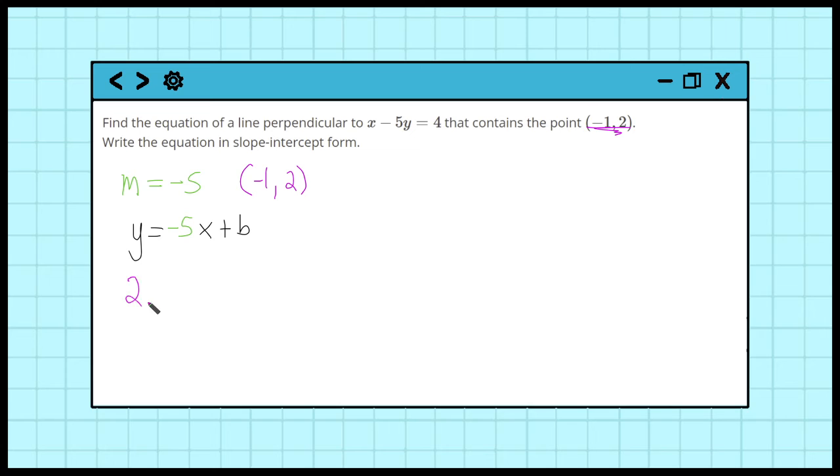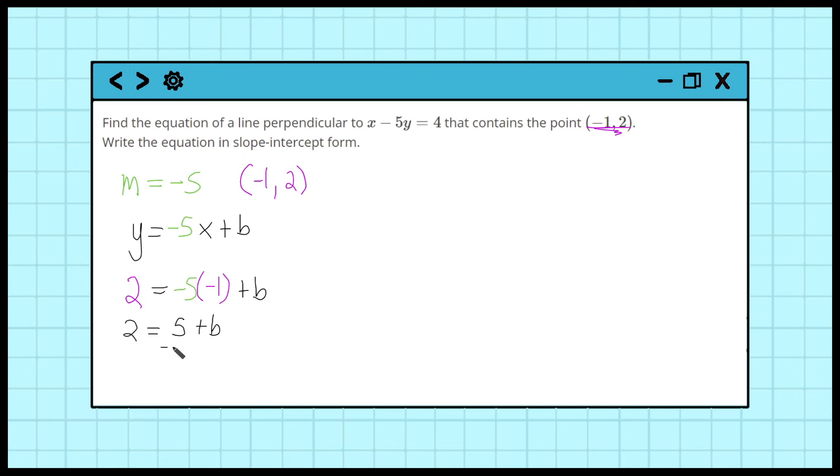So I'm going to replace the y with 2, and then I'm going to replace the x with -1. And then this is going to allow me to figure out what b value this must be. So I say, okay, 2 equals -5 times -1, which is +5. Then I carry down my plus b.